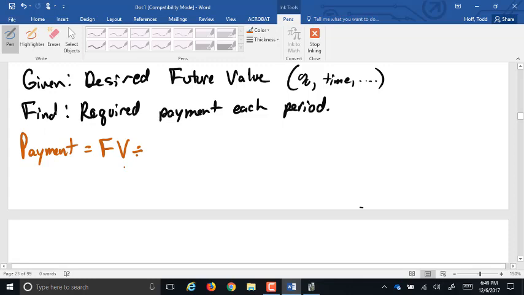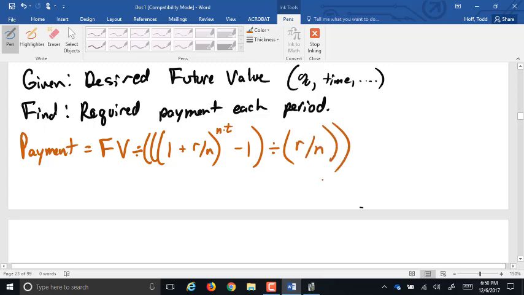So this is the future value divided by 1, 2, 3. 1 plus r over n, close, power of nt, n times t, minus 1, close. I know I'm going kind of fast. I'll wait at the end here for you to catch up. Divided by, open, r over n, close and close. That's it. It's the exact same formula. The only thing that changed was divide instead of multiply. We're going backwards.